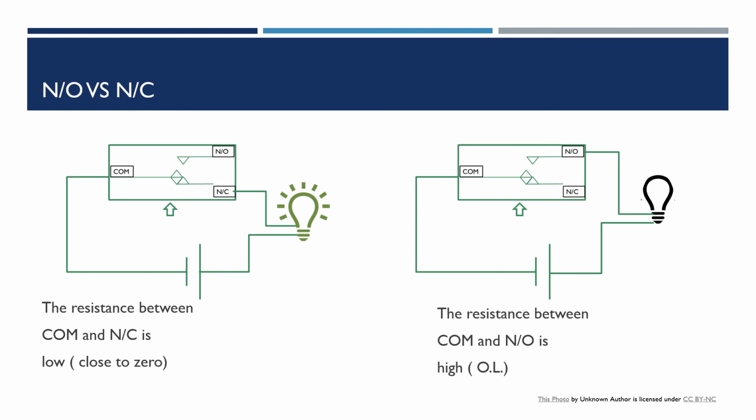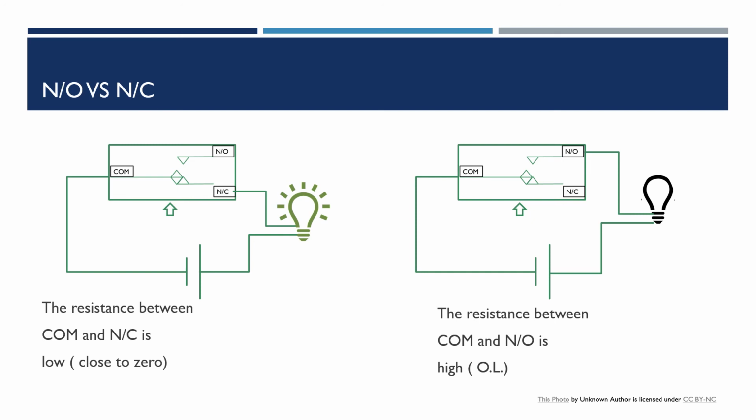While if you measure the resistance between the common terminal and the normally open terminal, in this case you're going to see a high resistance value if you have an accurate multimeter, or you're going to see the symbol OL, which means open loop, or the resistance is very high, which means the circuit is open.